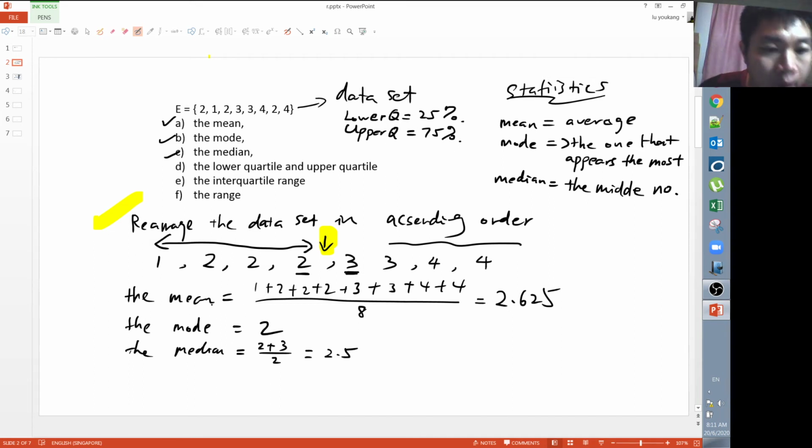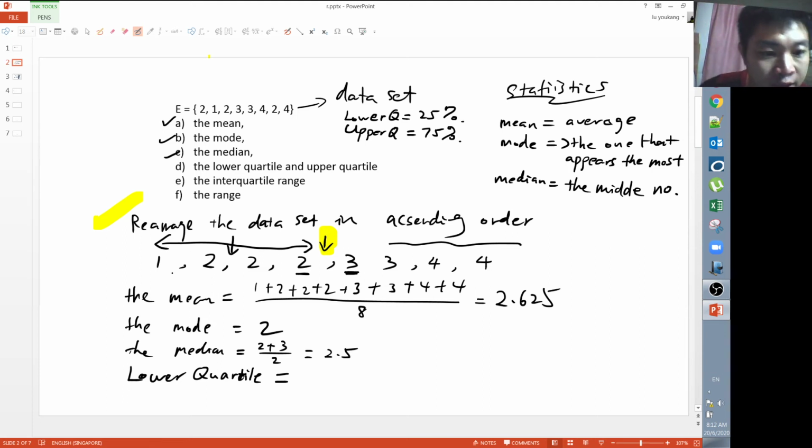Now ask yourself, what is the median for these values? We are talking about our lower quartile. You have identified the middle, and then just look to the left and find out the middle number of all these values.